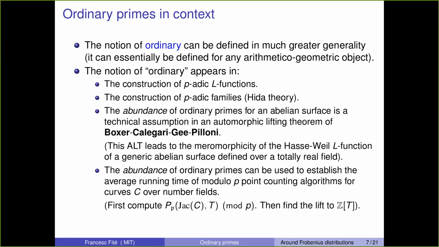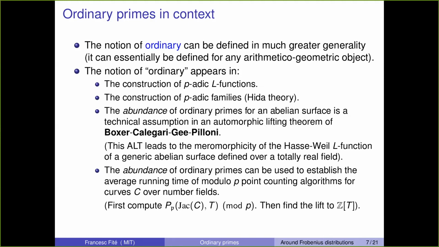These algorithms typically first compute the characteristic polynomial of Frobenius at P modulo P, and then lift these polynomials, which have coefficients in Fp, to the actual characteristic polynomial of Frobenius, which has coefficients in Z. And in this process of lifting the polynomial, you can use that the prime is ordinary.